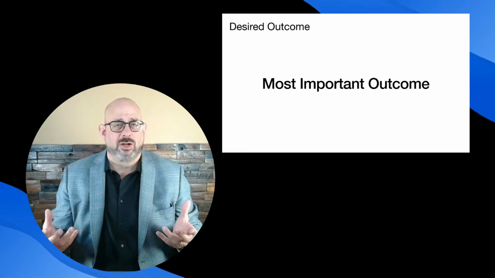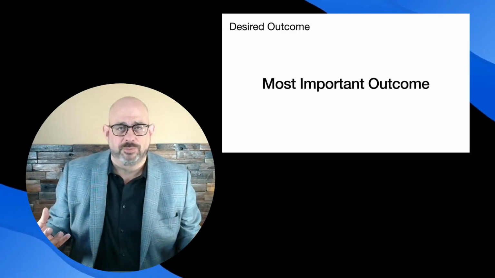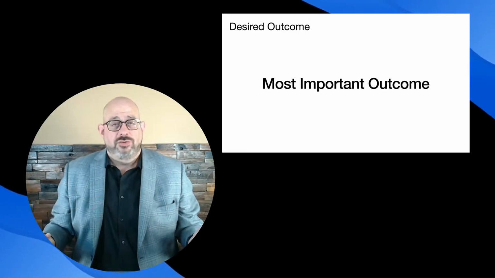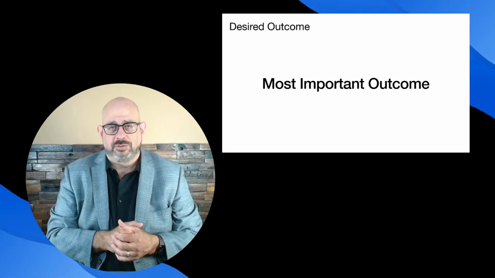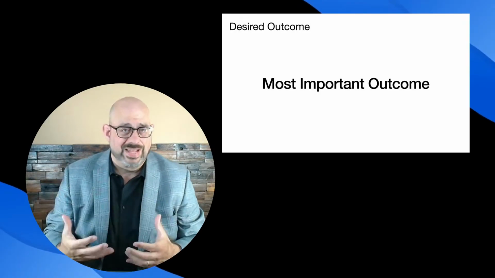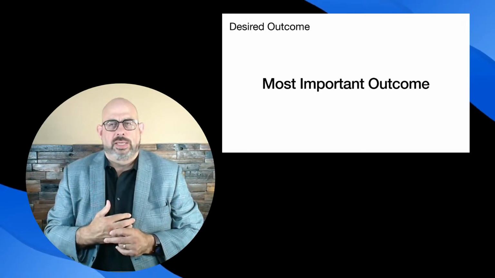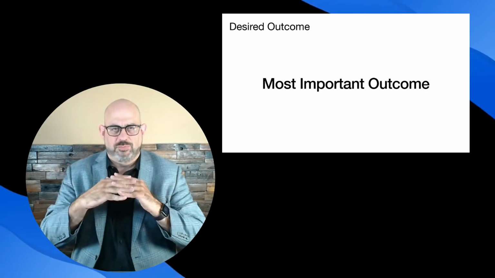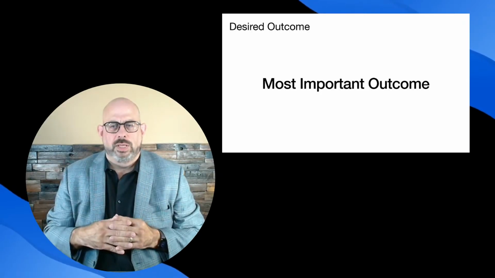Now, one thing that always comes up is what's the most important outcome? For you as an individual, it's what your desired outcome statement is. For an organization, it's what that outcome is. And like I said, ideally, these are mutually supporting one another.